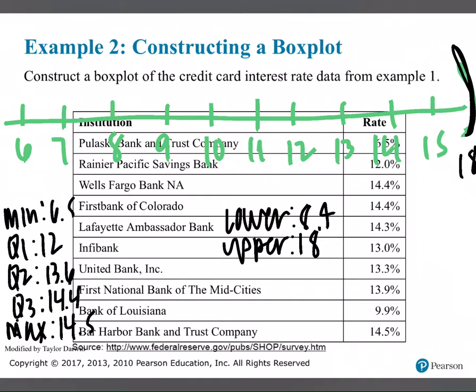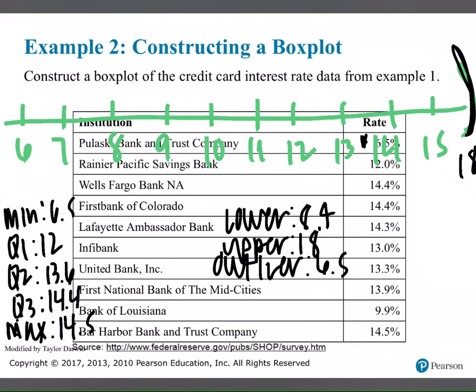So for the upper, there are no values that lie outside of that, so I'm good. But for the lower, my min is 6.5, so I'm definitely going to have something that lies outside of this lower fence. And so I look, and I'm going to kind of star all the numbers. So there's 6.5. It looks like 6.5 is the only outlier. So I've got an outlier at 6.5.